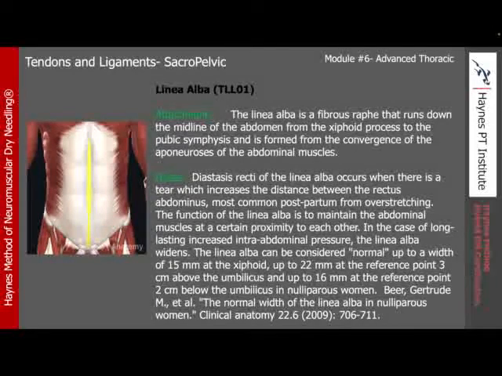In the case of a long-lasting increased intra-abdominal pressure, the Linea Alba widens, and this can be considered normal up to a width of 15 millimeters at the xiphoid, up to 22 millimeters at the reference point 3 centimeters above the umbilicus, and up to 16 millimeters at a reference point 2 centimeters below the umbilicus in nulliparous women. And this came from a study in 2009.